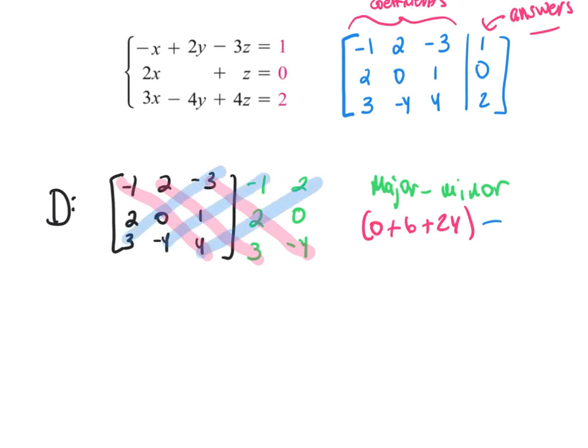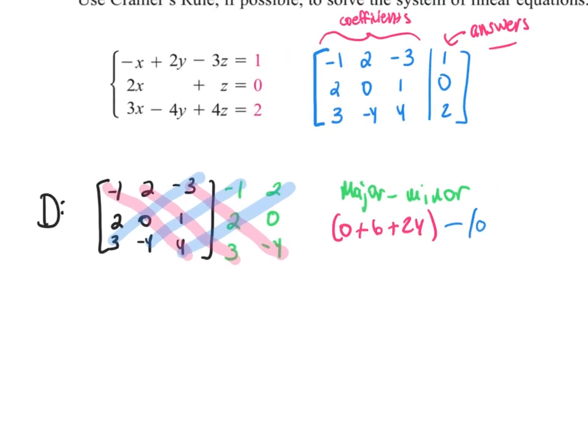Perfect. What's negative 4 times 1 times negative 4? 4. And then 4 times 2 times 2. 16. Plus 16. So I have, what's 24 and 6, guys? 30. 30 minus, what's 4 and 16? 20. So my determinant here is how much? 10. Perfect.